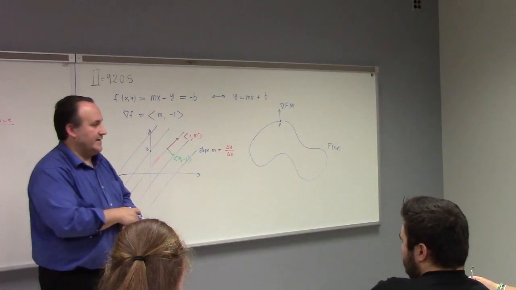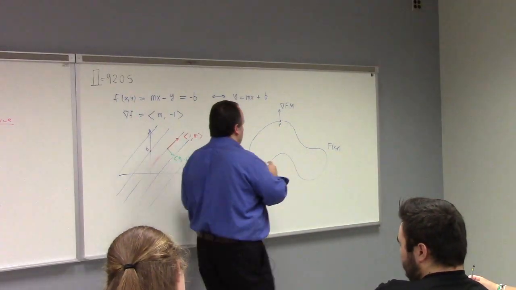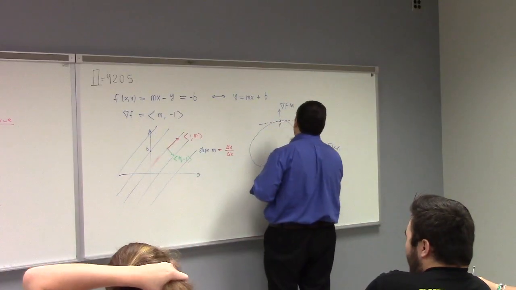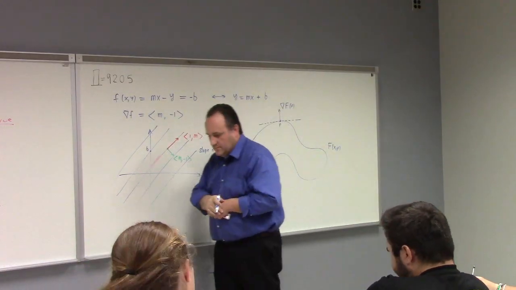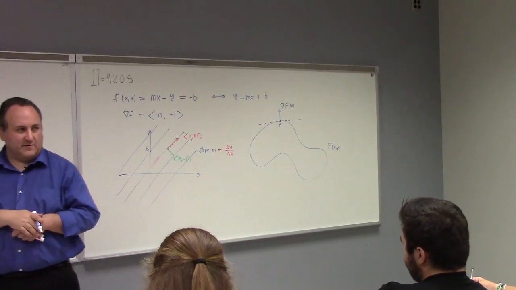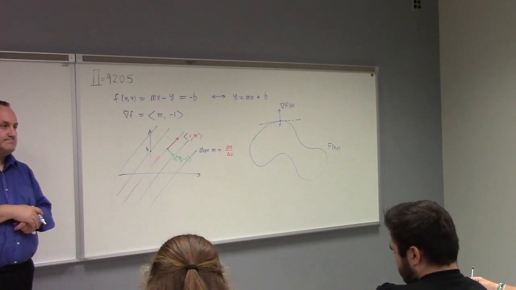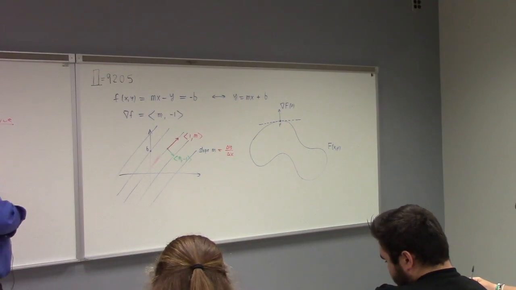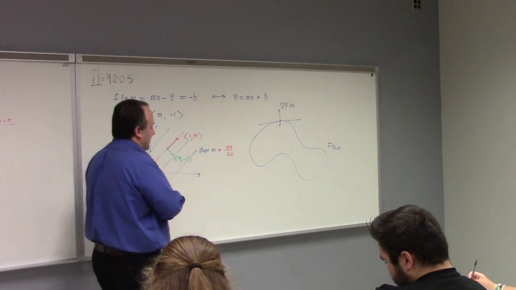The tangent to that, this tangent line, we could parameterize if we had a parameterization of the curve, for example. Or we could figure it out by rotating the gradient vector 90 degrees.